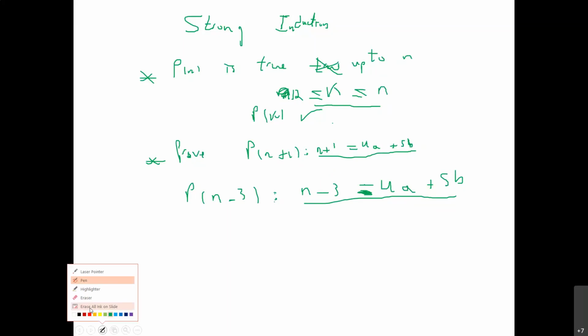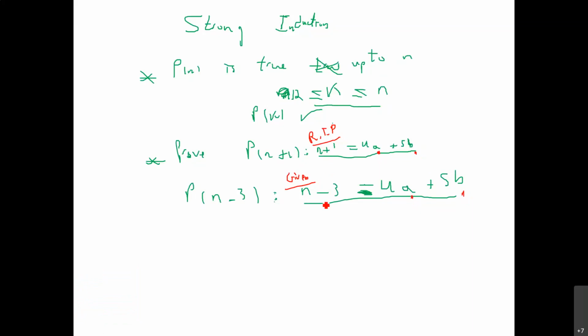Any guesses? So this is given, this is true. This is required to prove. And these a's and b's don't necessarily have to be the same, obviously.